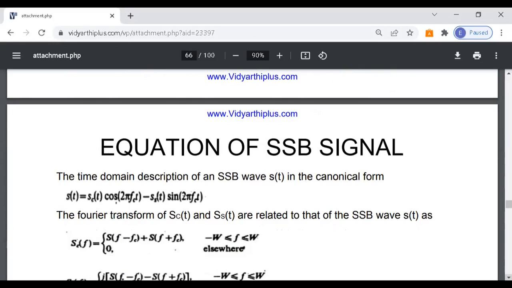So you're going to use your Fourier transform, convert this time domain signal to the frequency domain.